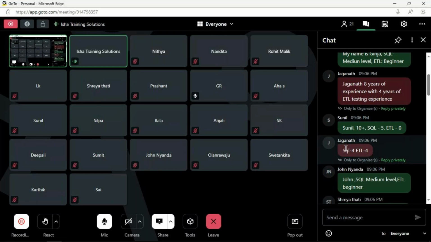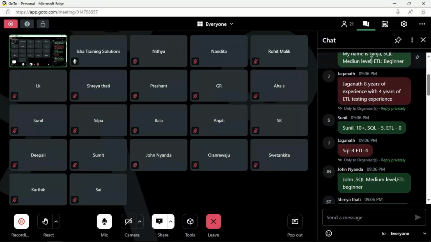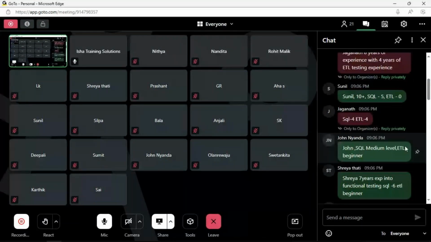SQL experience, okay. Okay, Jagannath, what is your retail experience? Is Jagannath there? Okay, no worries.